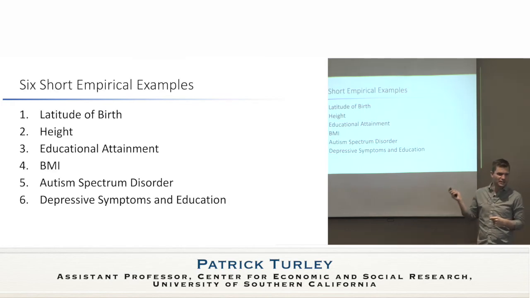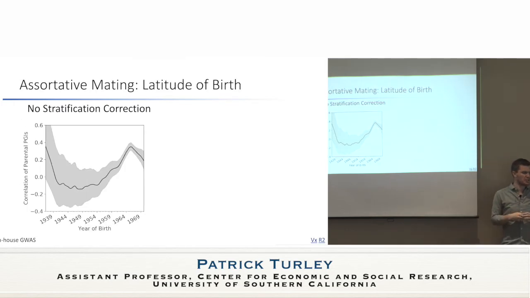So here's a bunch of examples that I think illustrate some of the things that you might learn in a study of assortative mating. First off, I wanted to say, where a person's from is assortative mating. We could, in theory, create a polygenic index for latitude of birth within the UK Biobank, and estimate how correlated predicted latitude of birth is between pairs of individuals in the UK.